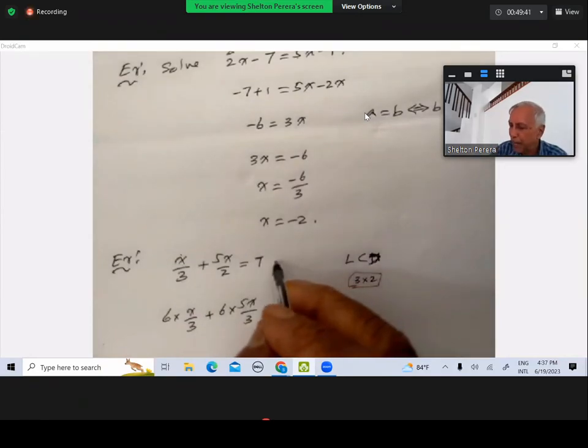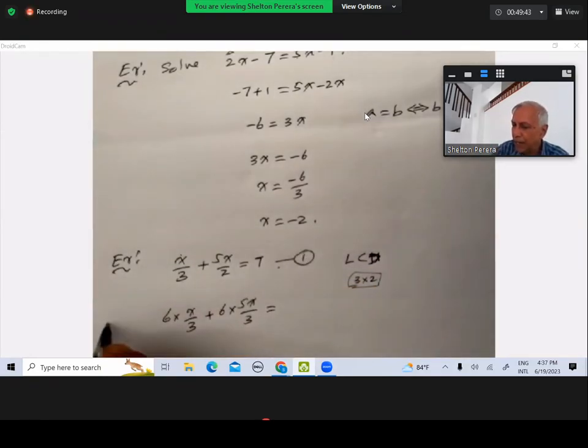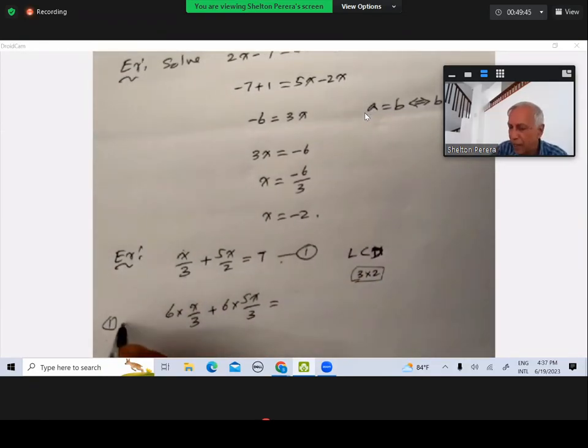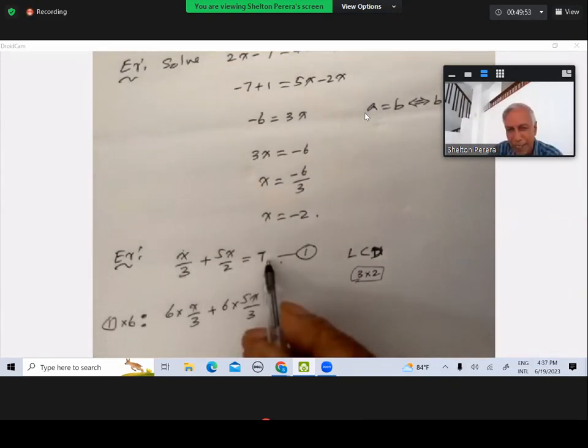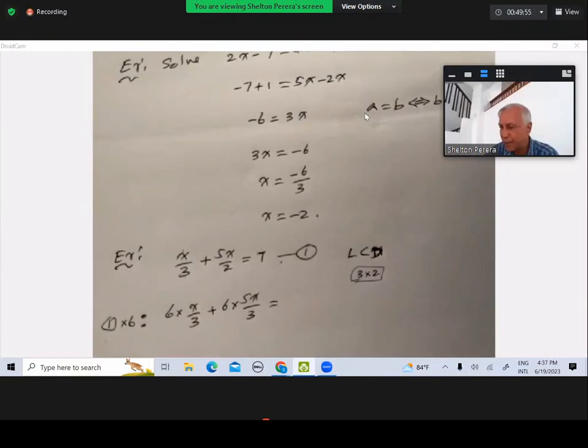If you call this equation 1, we take equation 1 and multiply it by 6, the least common denominator. This is 6 times 7, 42.